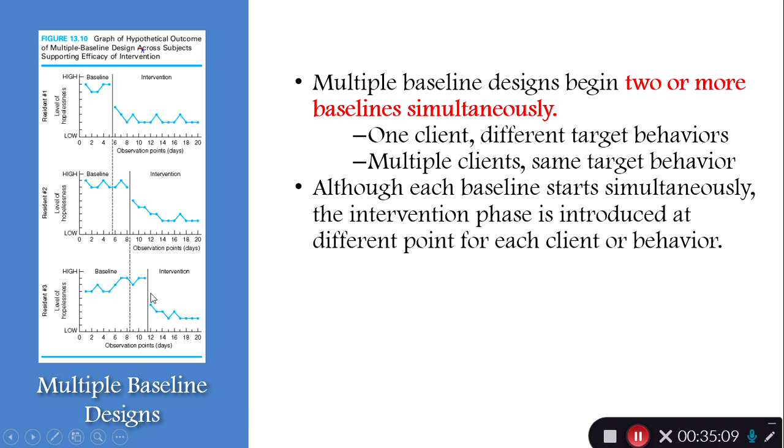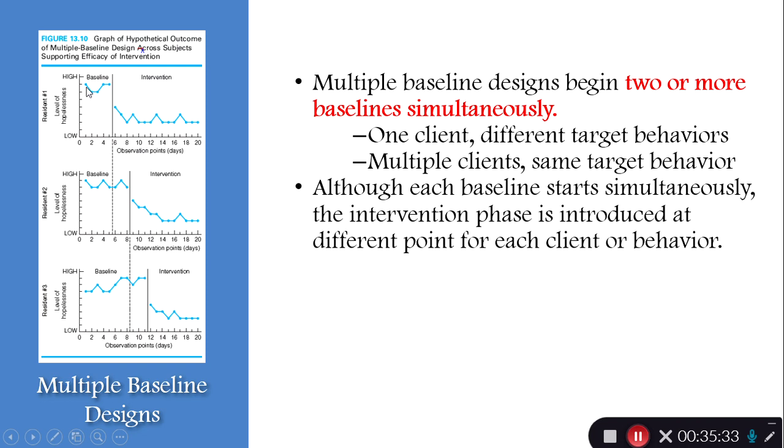But the unique thing about this design is that although each baseline starts simultaneously, so we're starting the baseline at the same time for every client, the intervention phase is introduced at different points, right? So we see here that the baseline for this first client is pretty short, right? The observation points are days.